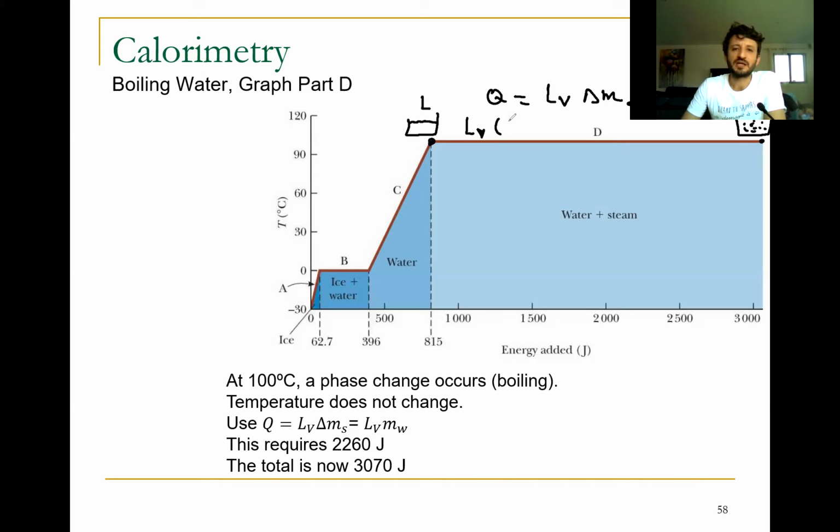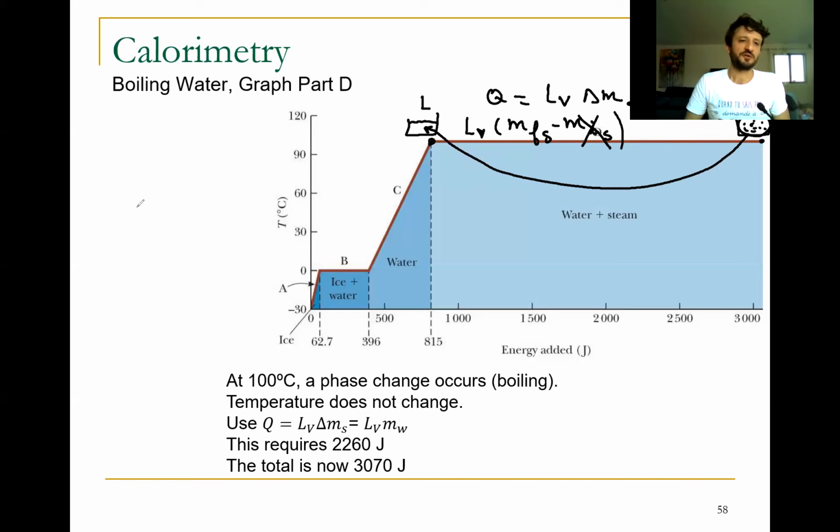Delta M equals M final of the higher phase, steam, minus M initial of the higher phase, steam. Okay? Initially, we don't have steam, so M initial steam equals 0. And the mass of the steam equals the mass of the liquid.